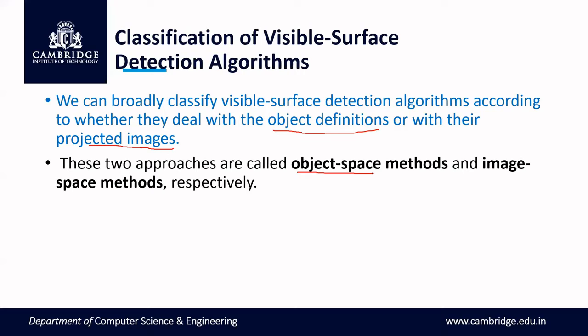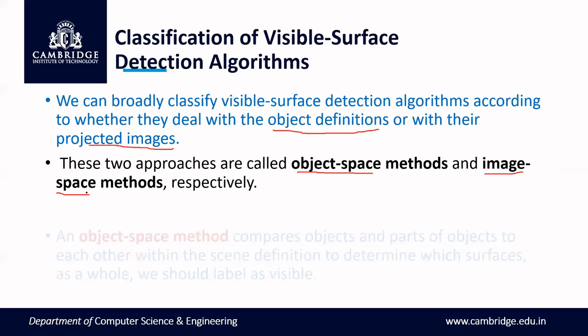So these two approaches are called object space methods and image space methods respectively.